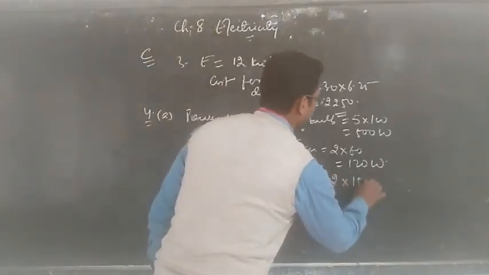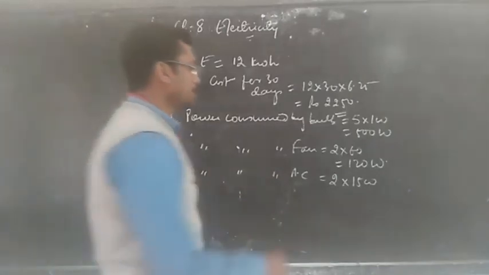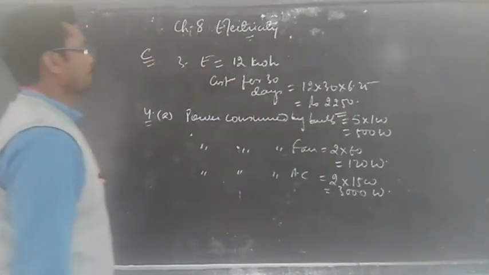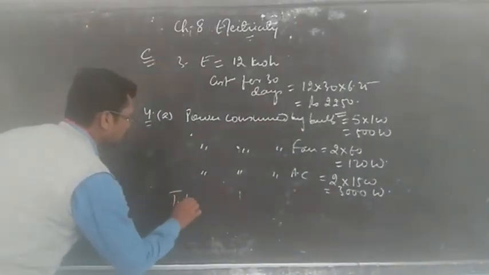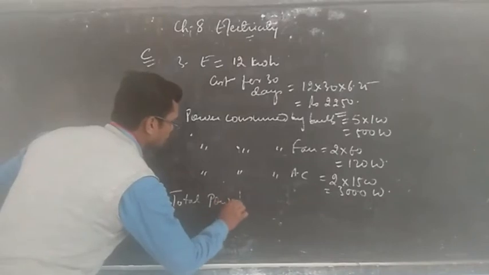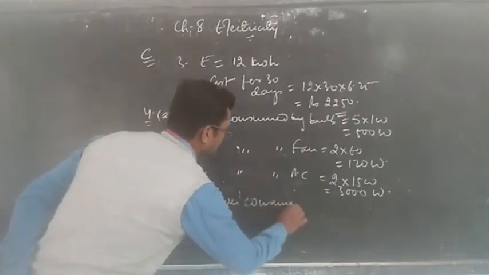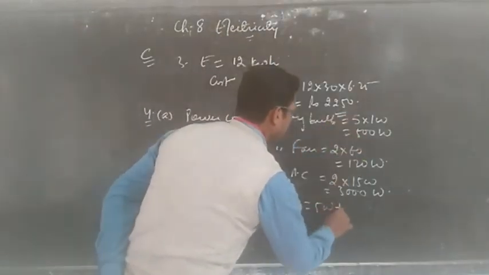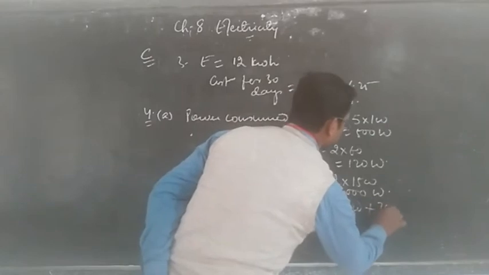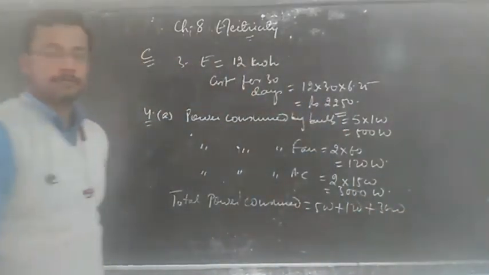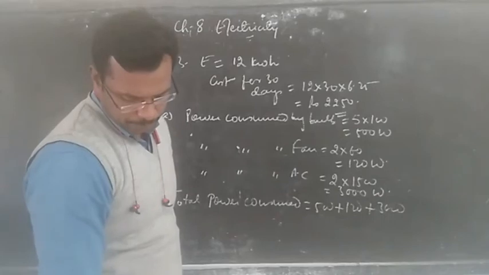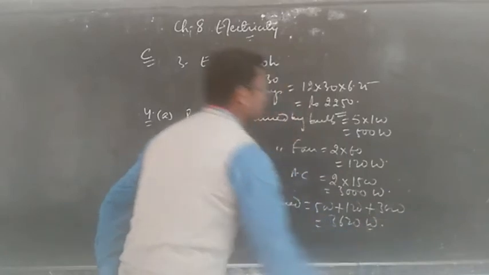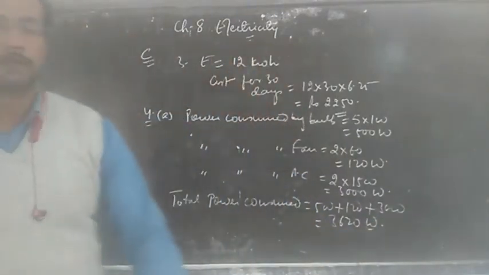So 1.5 kilowatt converted into watt is 1500, which for two is 3000 watt. So total power consumed by these 3 appliances will be 500 plus 120 plus 3000, and on adding, this comes to 3620 watt. This was for part A.